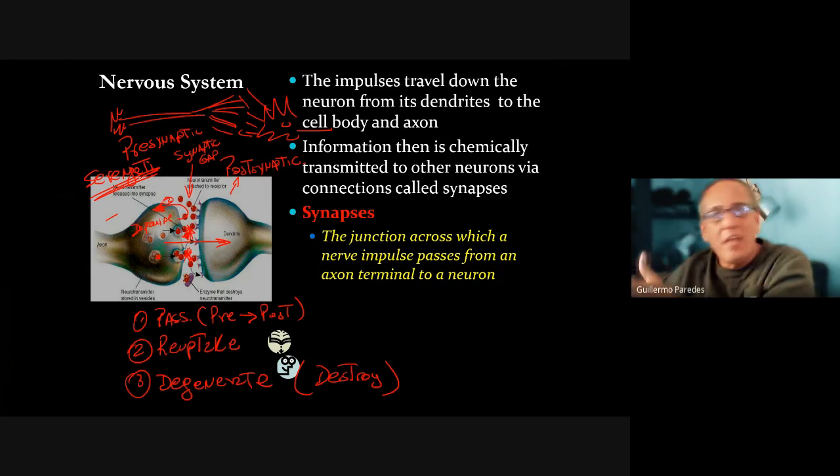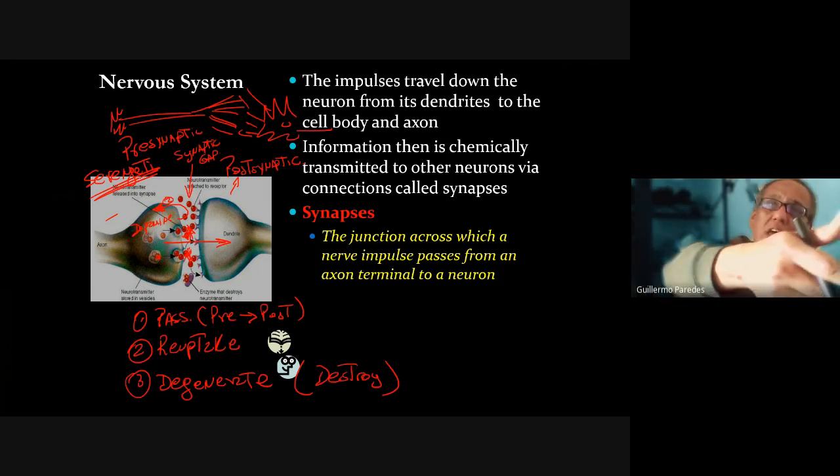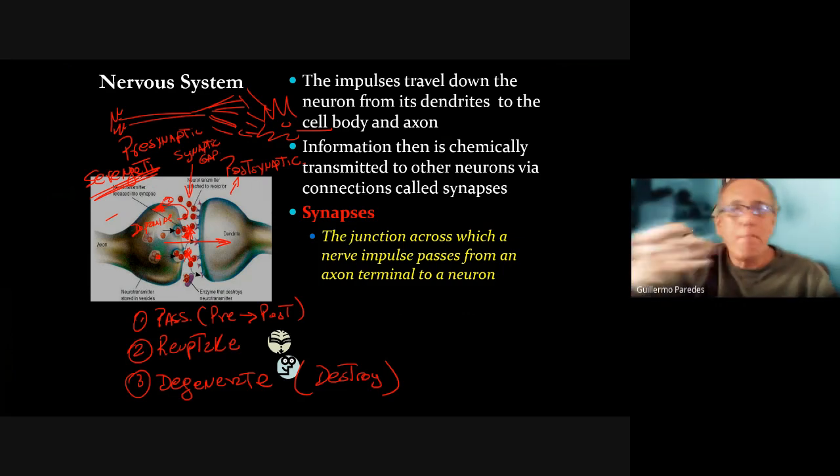And the postsynaptic is the other side of the river. So who are the buffaloes? The buffaloes are going to be the neurotransmitters. Some neurotransmitters are going to be able to pass directly from one side of the river to the other side. So that is number one. They pass directly.